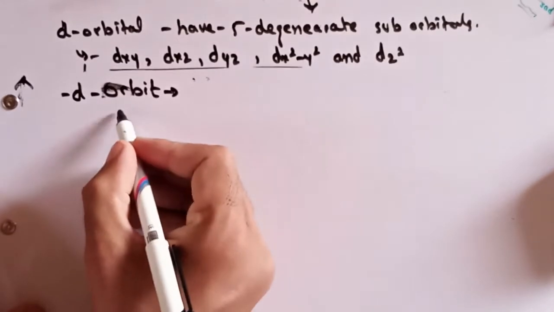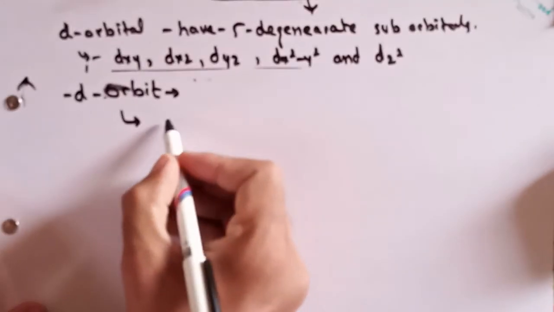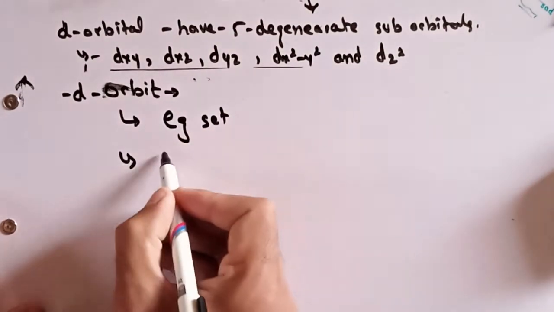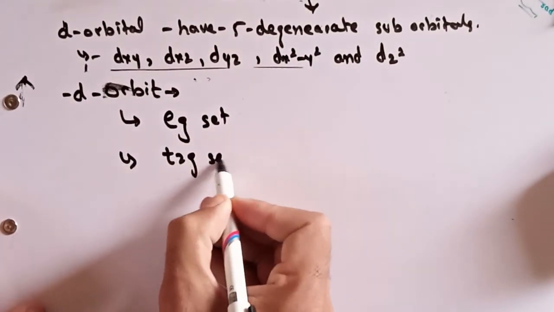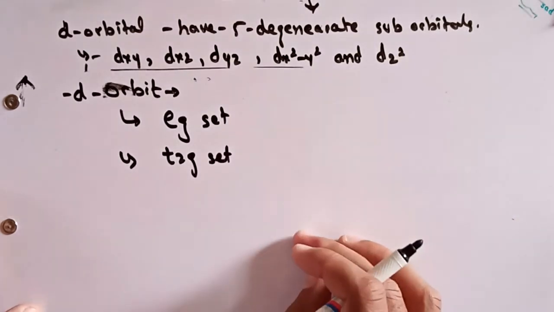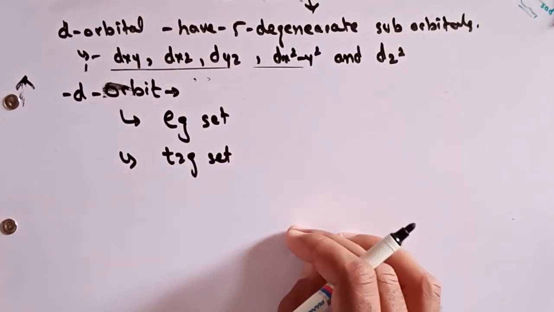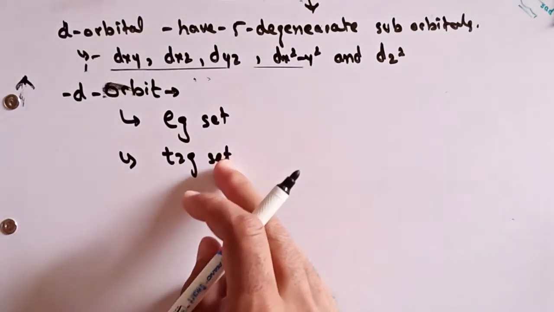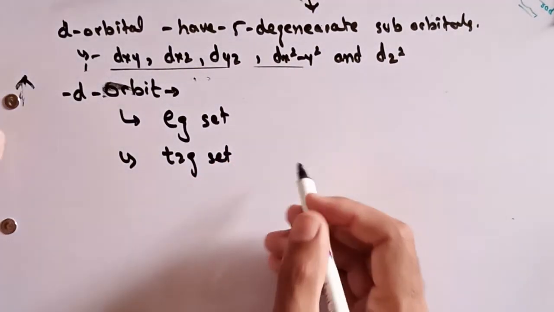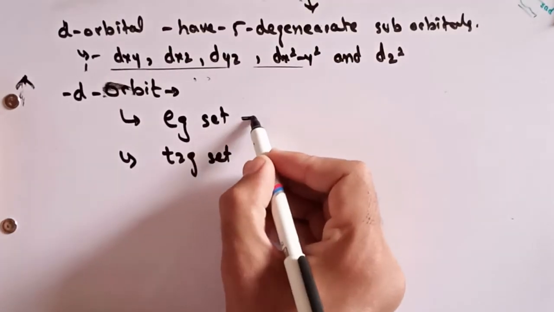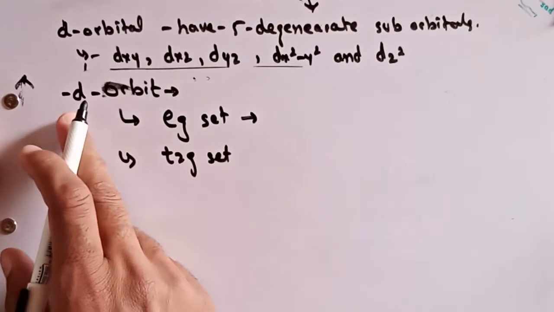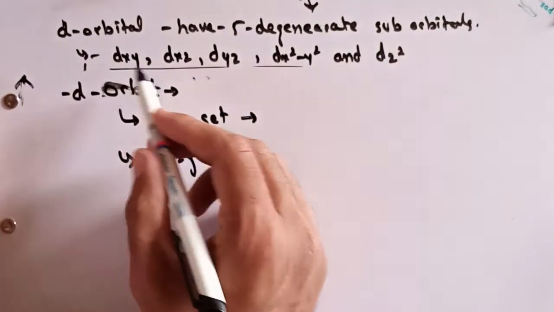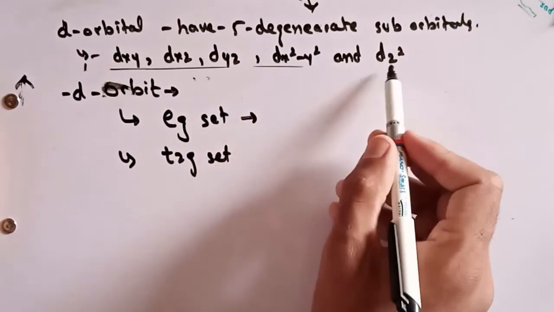The d orbital will split into groupings. One will be the eg set and the other will be called the t2g set. There are a total of 5 degenerate orbitals in the d orbital: dxy, dxz, dyz, dx square minus y square, and dz square.